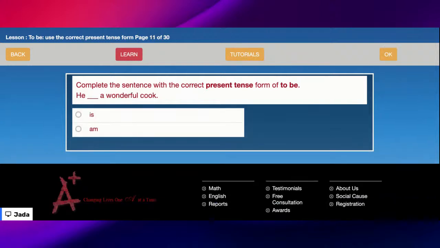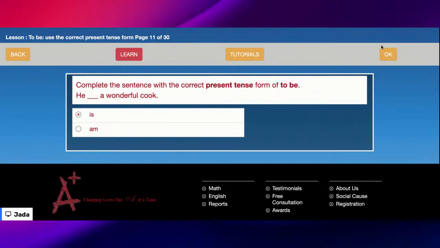He dash a wonderful cook. Yes, he dash a wonderful cook. Okay, he is.